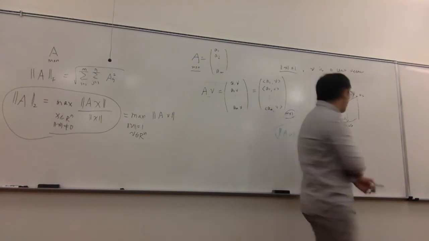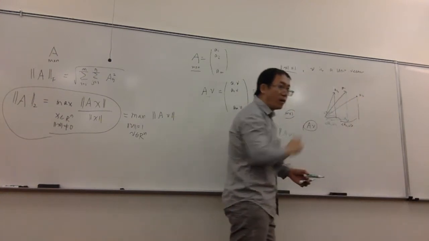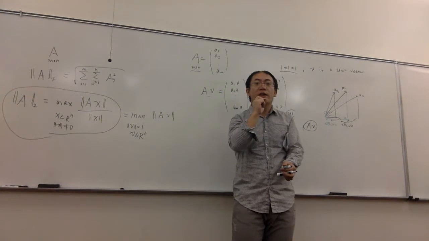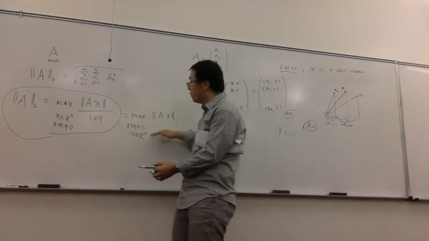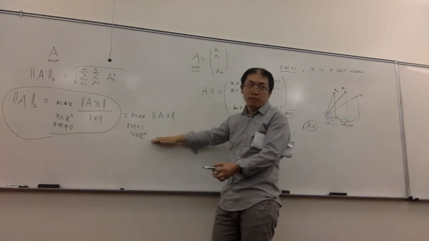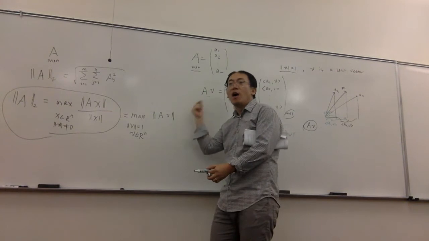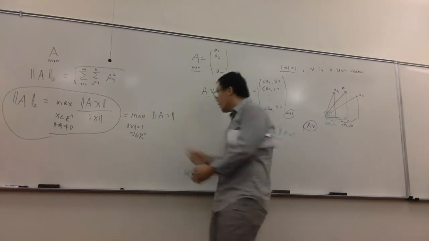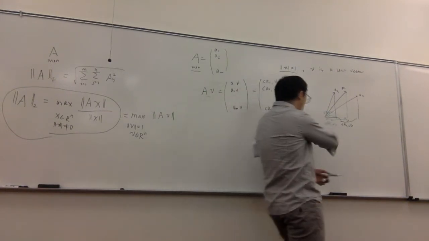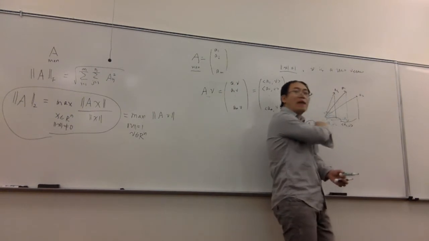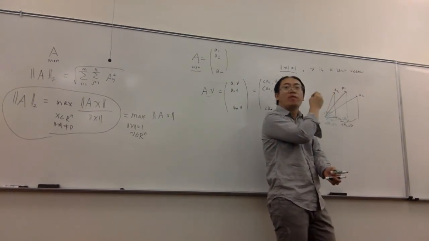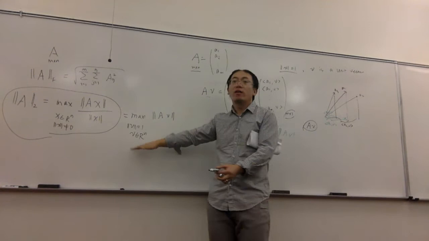So this is the value for a specific unit vector V. And according to the definition, we want to find the maximum value of the norm, meaning that we need to enumerate all possible unit vectors. For each specific unit vector, we end up with such a norm. And we find the maximum norm value, and return it as our spectral norm.